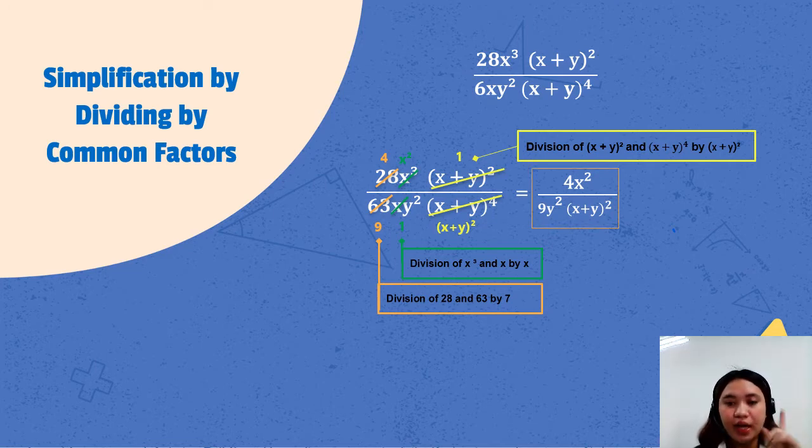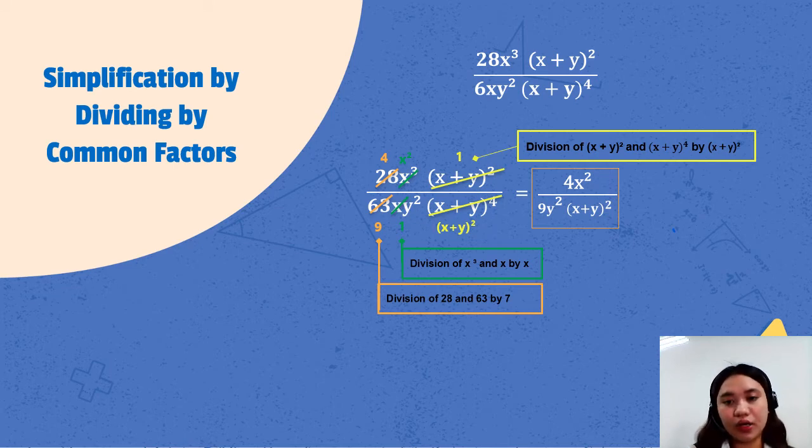Next, (x plus y) raised to 4 divided by the common factor. We just subtract the exponents: 4 minus 2 is 2. That's why the exponent in the denominator is 2. Just subtract the exponents. Okay?